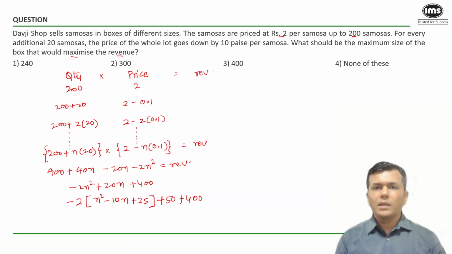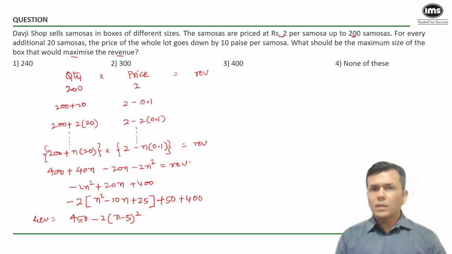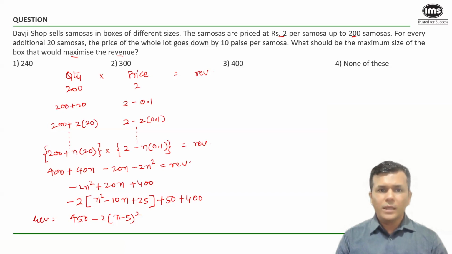So this is how I can rewrite the entire thing. Now, this is giving me 400 plus 50, so 450 minus 2 times n minus 5 the whole square, right? So this is my revenue expression. Now, if I want to maximize the revenue, in that case, I need to subtract the minimum possible quantity from 450, right? So what is the minimum possible quantity that I need to subtract?